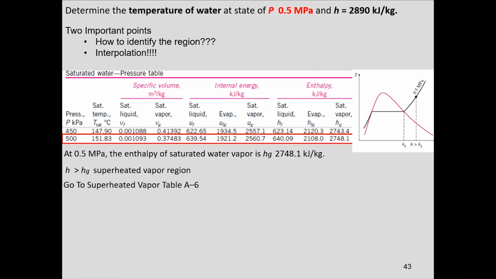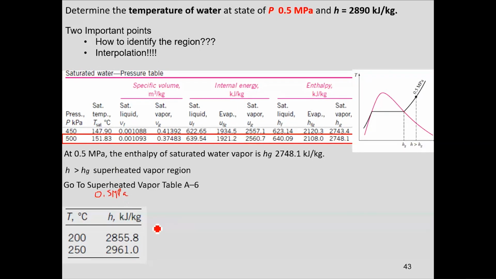So I'll highlight the values. Once I go to table A6, I'll highlight the pressure 0.5 megapascal, and in that table I have selected the value of H, which is encapsulating the value of 2890.